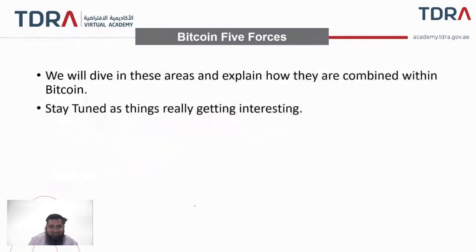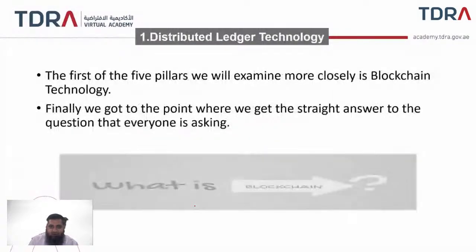So we will dive into these areas and look at the first fundamental force of cryptocurrency, and that is called distributed ledger technology. For example, if we have Mercedes cars, and these cars are delivered to different stores, and these stores are going to sell these cars.